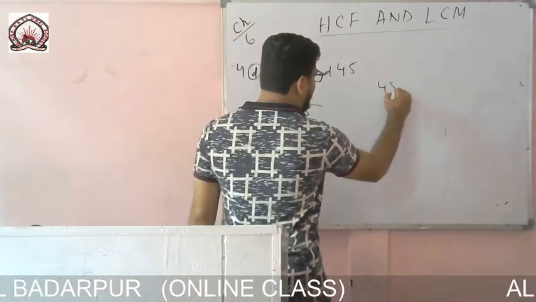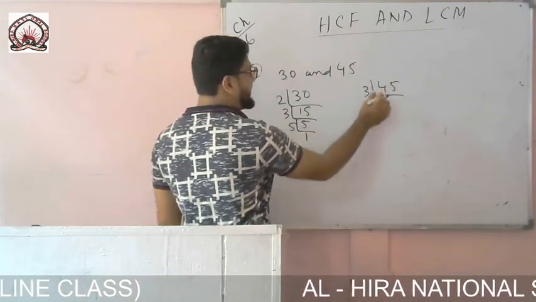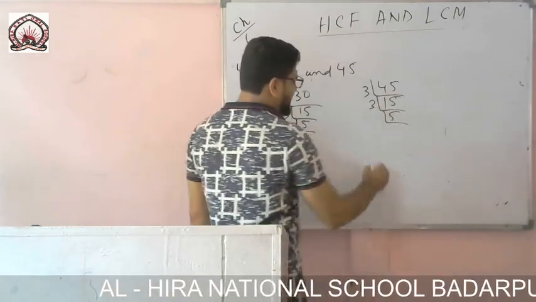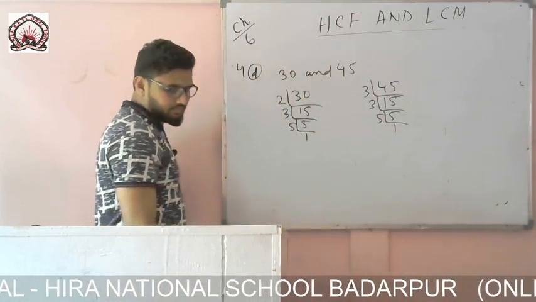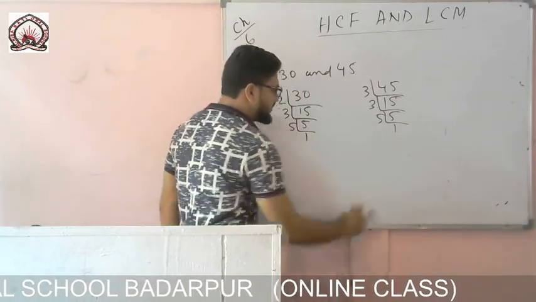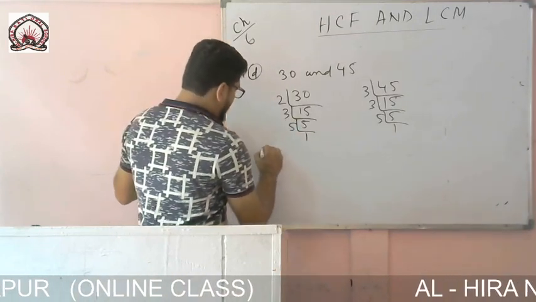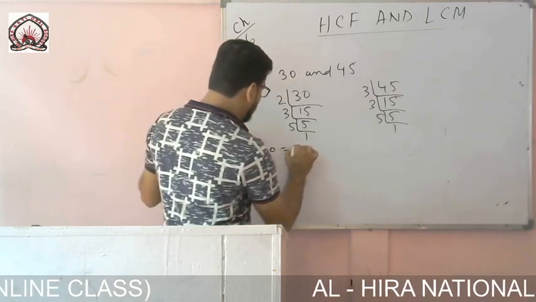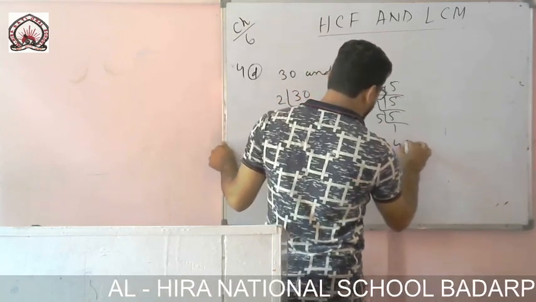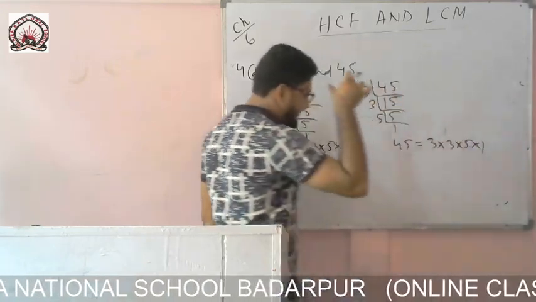Then 45: 3 15s are 45, 3 5s are 15, 5 1s are 5. So 30 equals 2 into 3 into 5 into 1, and 45 equals 3 into 3 into 5 into 1.